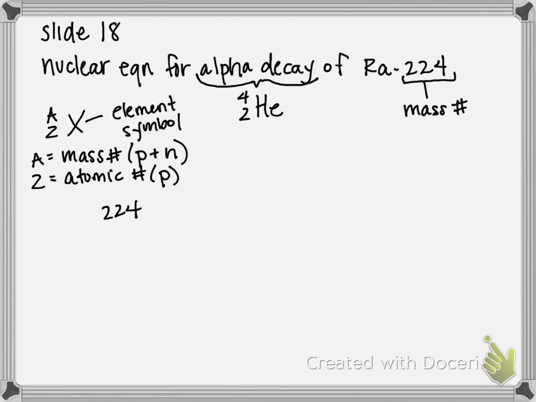Now we have to figure out what its atomic number is. And thankfully, we have a very useful tool for that. If you reference a periodic table, it could either be in your textbook or one you look up online, we need to figure out how many protons radium has. Radium's atomic number is 88.